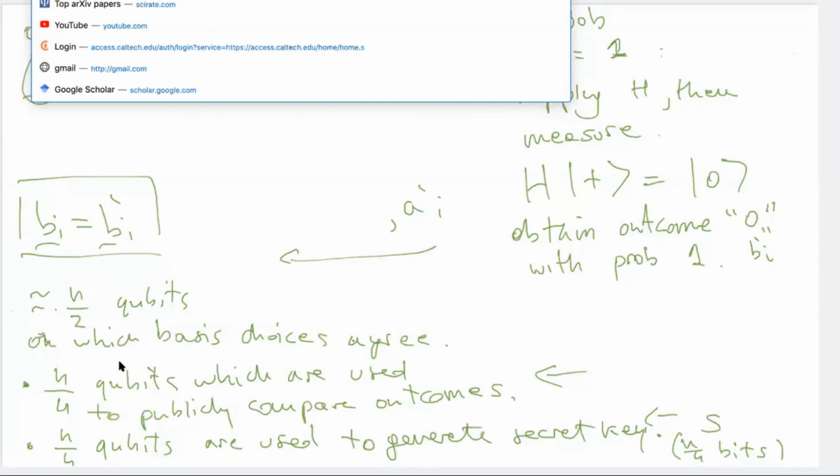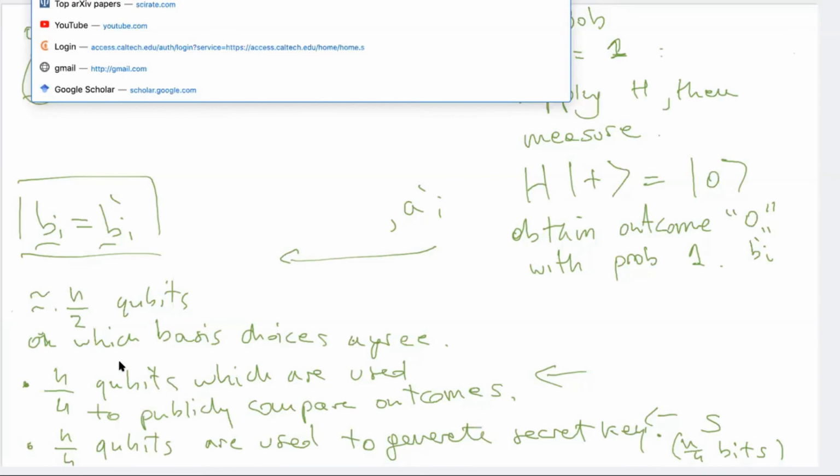So you check randomly a subset of these pairs of outcomes in which the base is agreed, publicly, so that you gain confidence that what you don't check satisfies the same condition, meaning the outcomes agree.